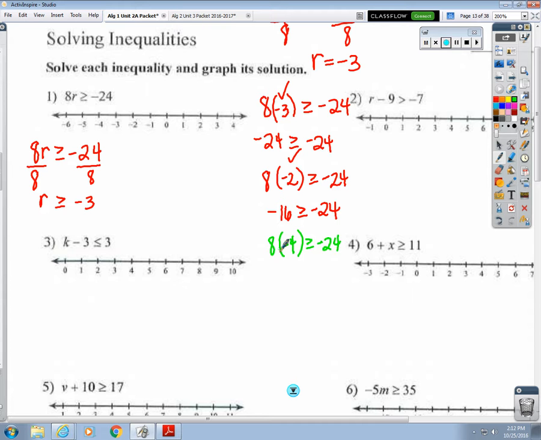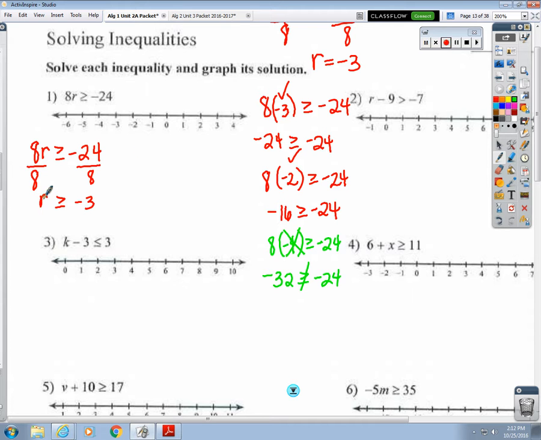When you plug it in, what does it give you on this side? Is -32 greater than or equal to -24? No. Even though 32 is bigger than 24 normally, since we're talking about negatives, the bigger it is, the smaller it really is, right? Because it's further away from 0. So that does not work because it did not fall in the solution set.